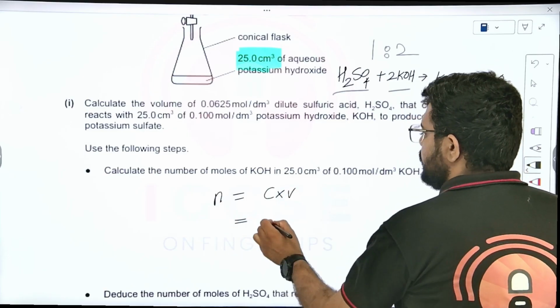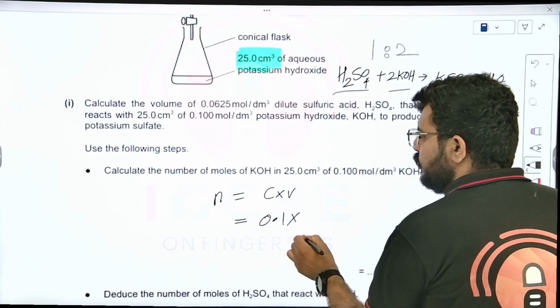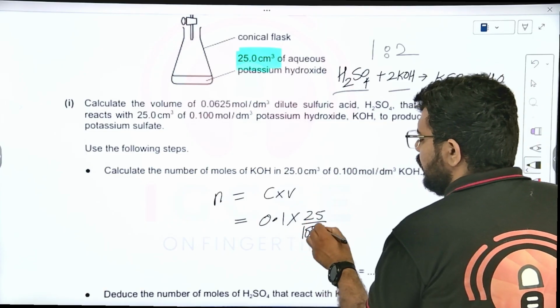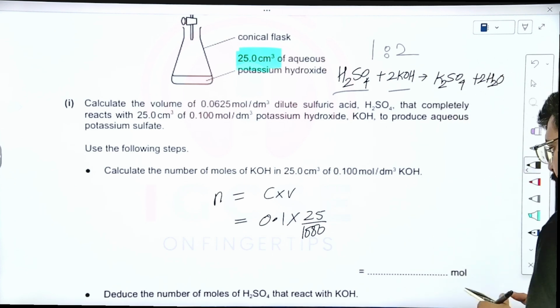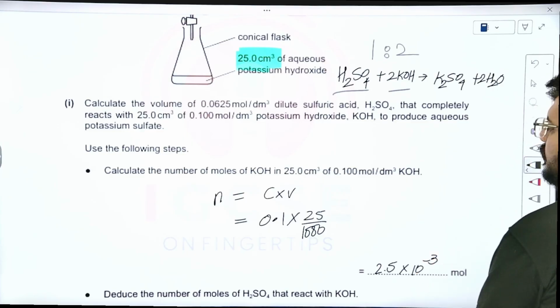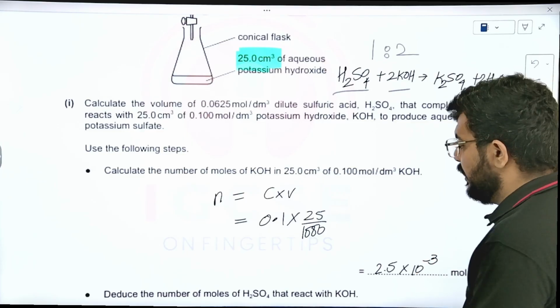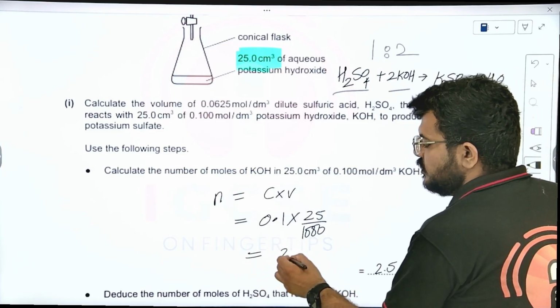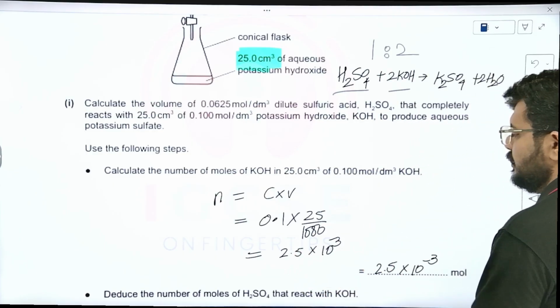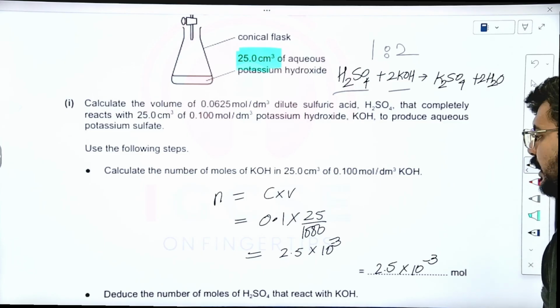Concentration is 0.1 and volume is 25, but 25 is in cm cube, so divide by 1000. So I have 2.5 into 10 to the power minus 3 mole. See, now it becomes very easy to write this. You don't need calculator. So this is 2.5 and denominator can be written as like this, minus 3 mole, right?